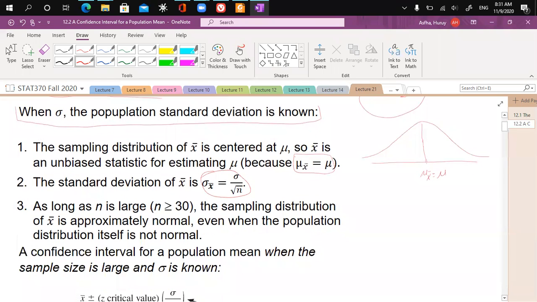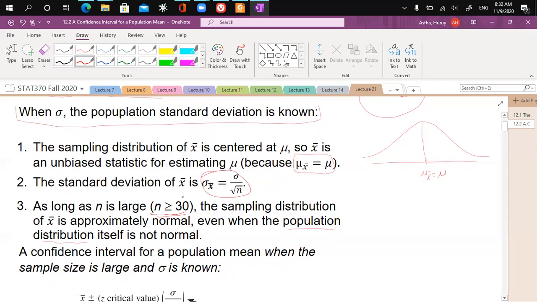And as long as n is large, which means greater than 30, the sampling distribution of X bar is approximately normal, even when the population distribution itself is not normal. Okay, whether it's normal or not normal, always if you have a large n, then you make sure that the sampling distribution will be normal. But if n is less than 30, what you need to check is whether the population distribution was normal or not.